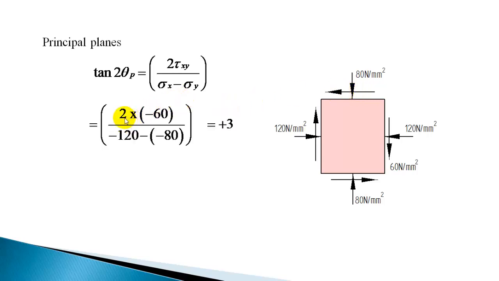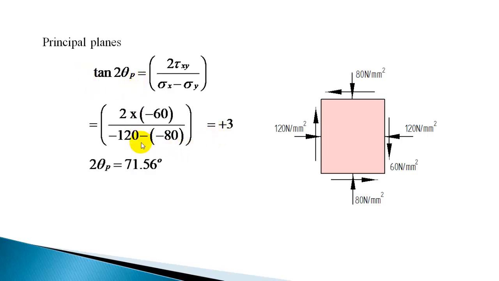Substituting that you get 2 into minus 60 divided by minus 120 minus of minus 80. That will make plus 80, so you get minus 120 divided by minus 40, or plus 3. So that is the tan 2 theta p value.